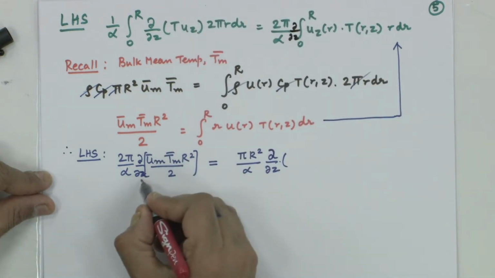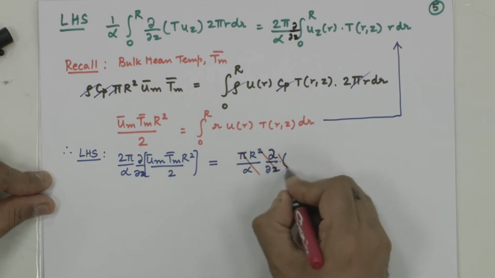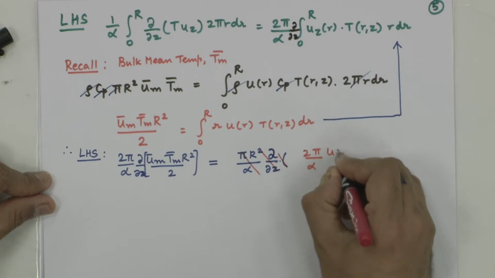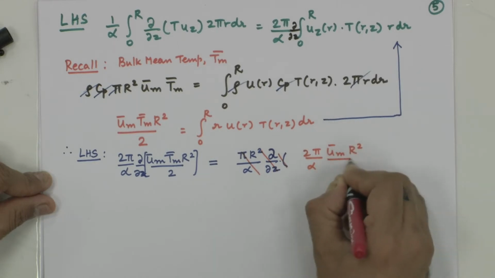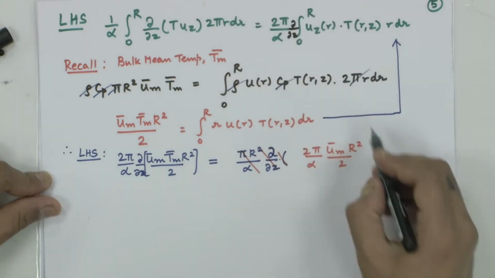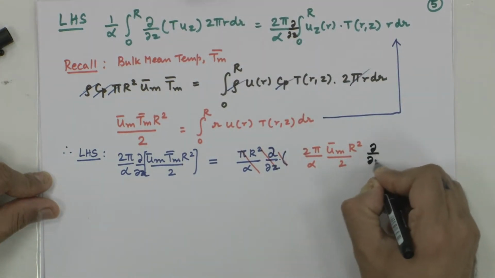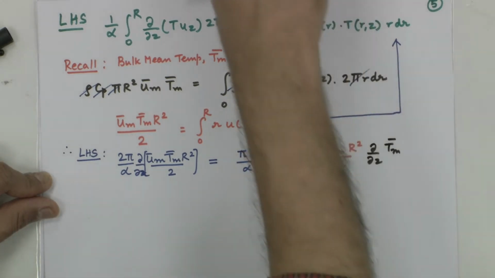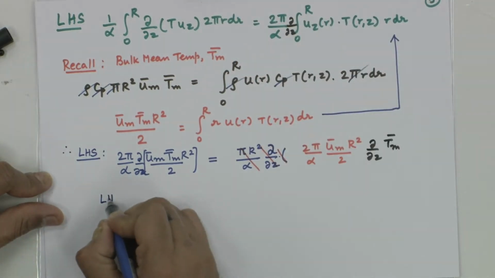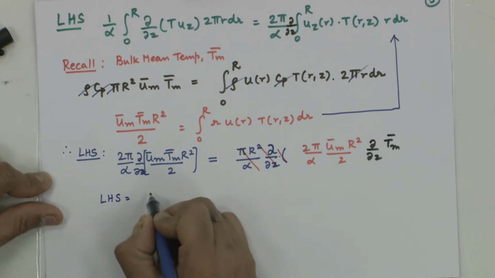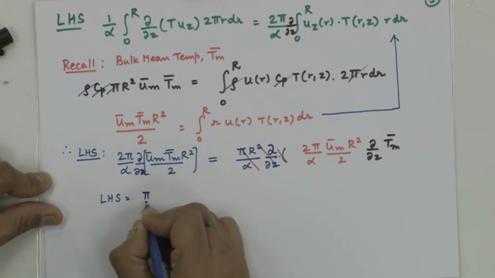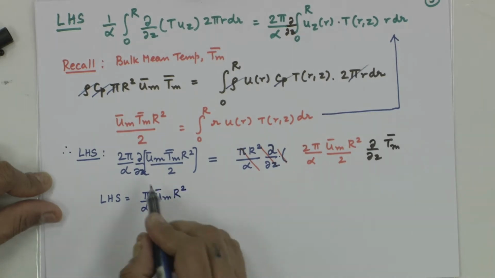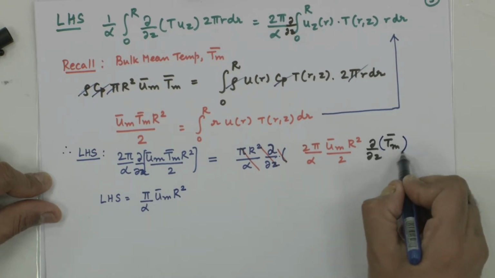So, this is going to be 2 pi by alpha u m bar R squared by 2 d by dz of bulk mean temperature. So, 2 would cancel and therefore, the left hand side would become equal to pi by alpha u m bar R squared d by dz of bulk mean temperature.